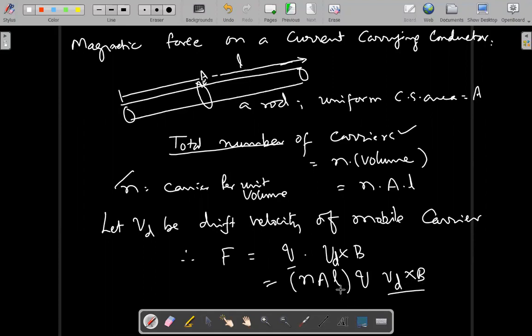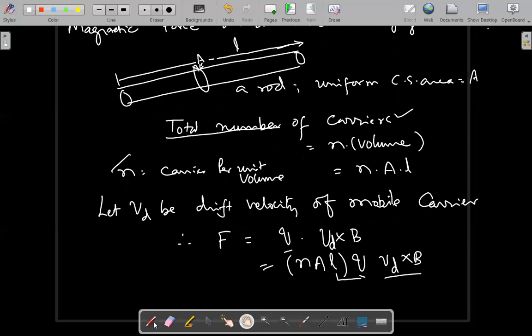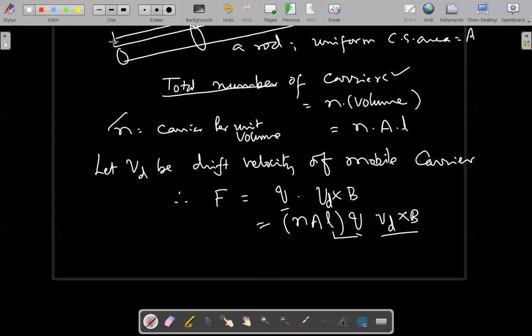He just takes this part out, and because the current is going along the length, the current goes along length L. That's why he considered this as nAQVd.